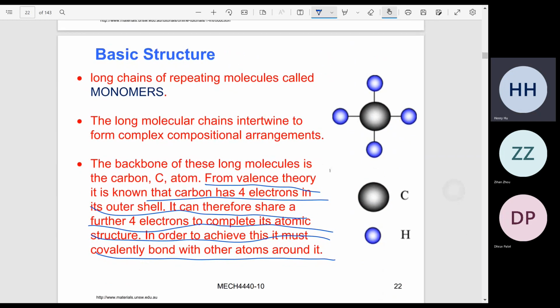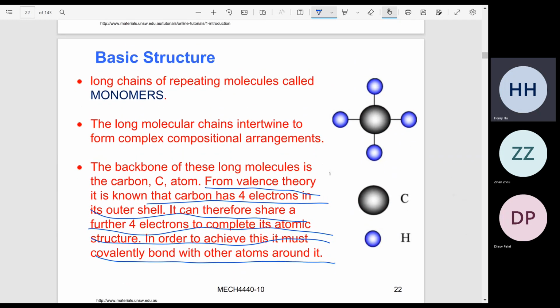So the basic structure of the polymer. As I just mentioned, you try to break up what they call a monomer. Remember the ethylene, you break one of the double bonds of the carbon, and then you connect those repeating units together and form a polymer.